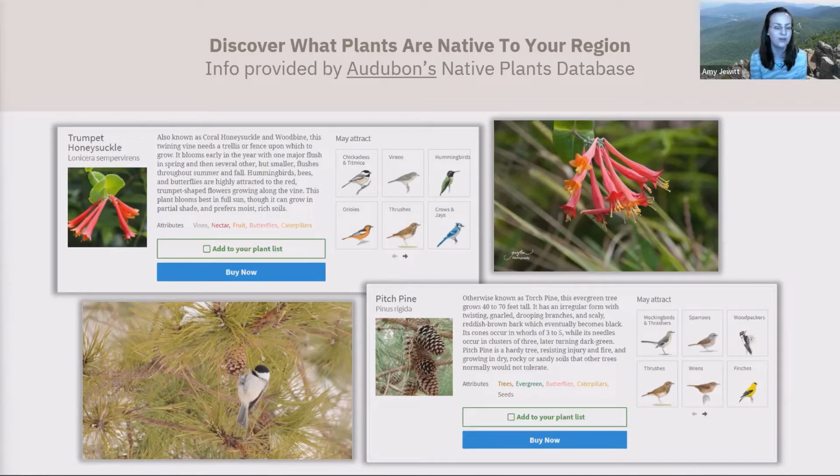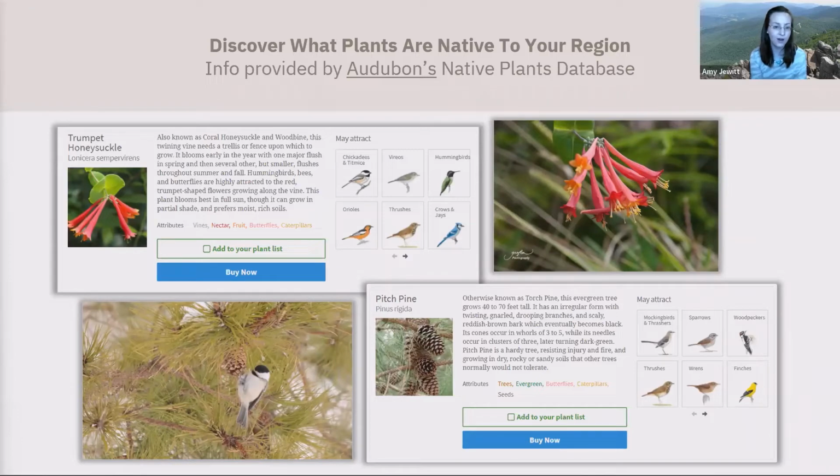And these are just examples here of a tree and a plant, but they also give you information on annuals and perennials, grasses, succulents, shrubs, trees, vines, and evergreens. You can also sort by whether these species provide nectar, fruit, nuts, seeds, or are food for butterflies or caterpillars.